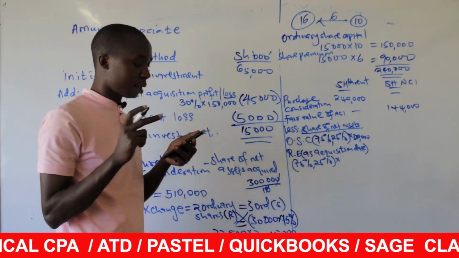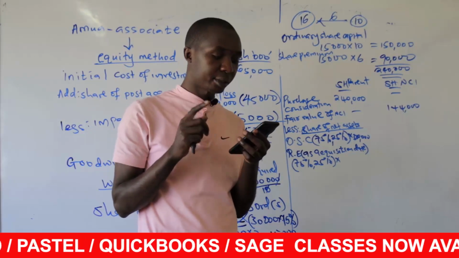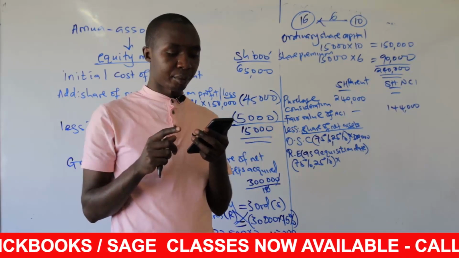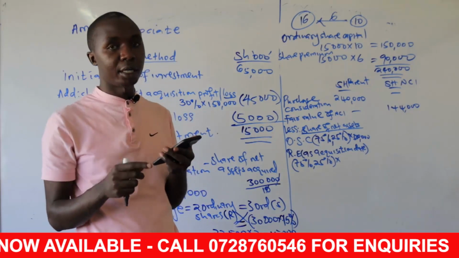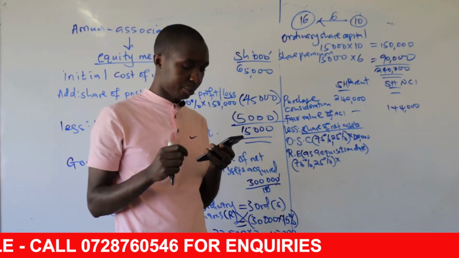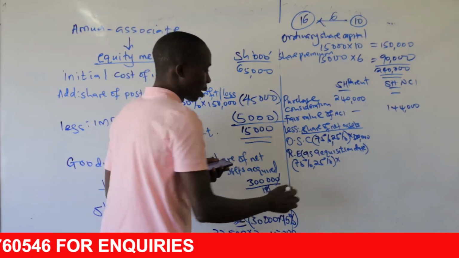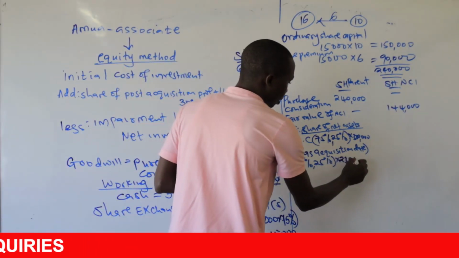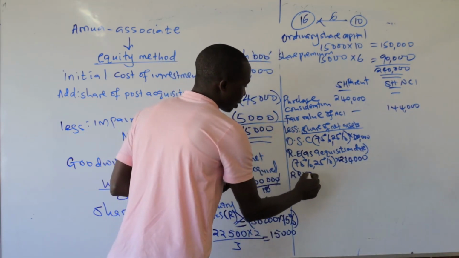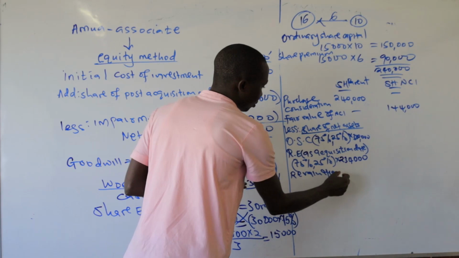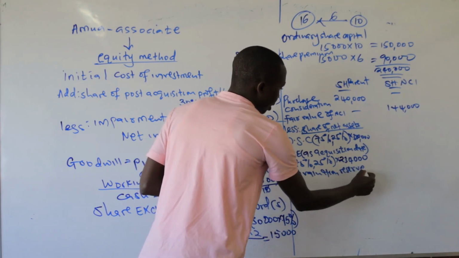Remember that Sarama was acquired on 1st April 2021, when the retained earnings was 234. That is provided at the start of the question. So that is 234,000. The next item is the revaluation reserve.